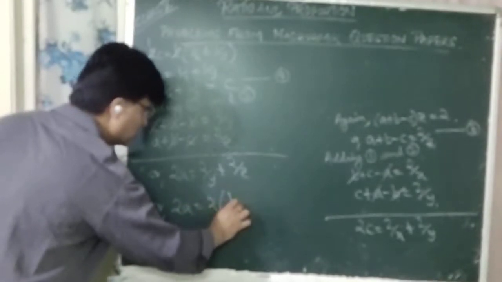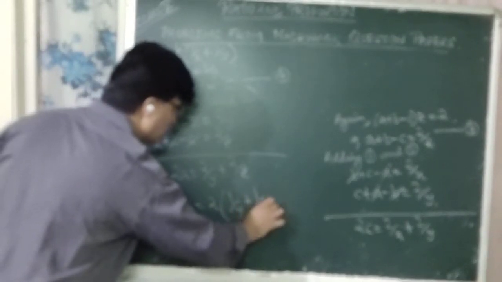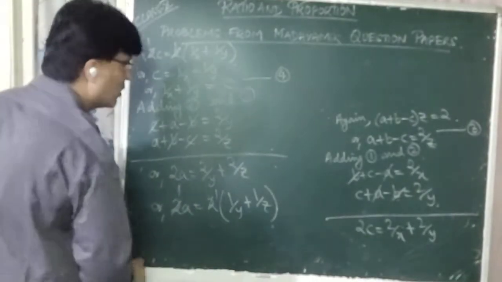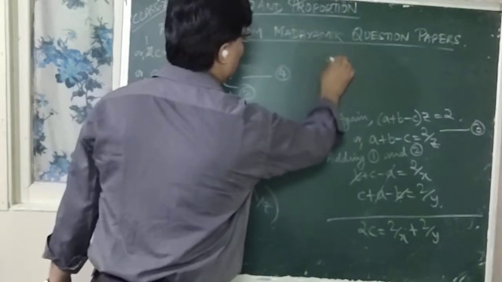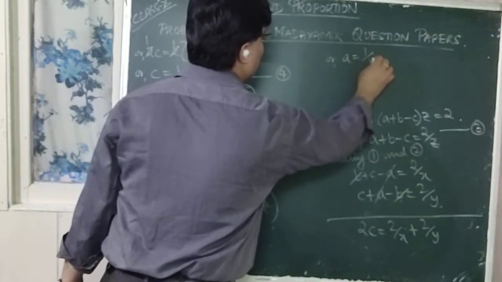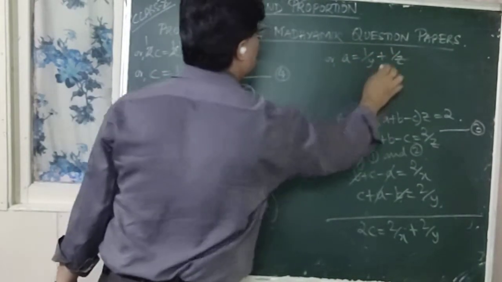That is 2A is equal to 2 upon y plus 2 upon z. Or 2A is equal to, here 2 is taken common, 1 upon y plus 1 upon z. So 2 ones are 2, 2 ones are 2. That means A is equal to 1 upon y plus 1 upon z.